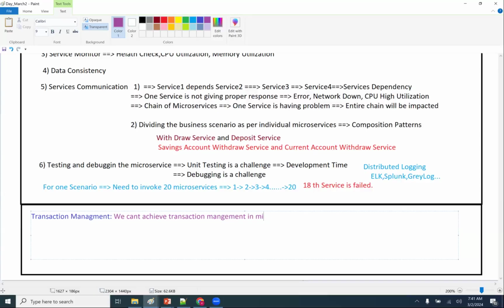It's a straightforward answer. We cannot achieve it, first of all. Why can we not achieve it? Any idea, guys? Can someone answer why we cannot achieve transaction management in microservice architecture?